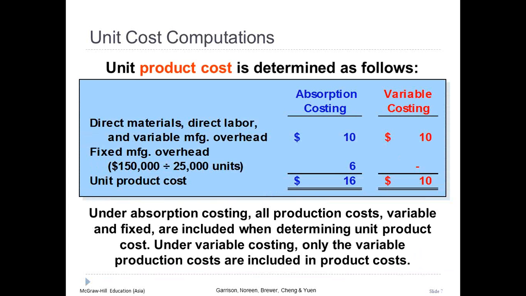So the unit product cost is determined as follows. Here we have absorption costing and variable costing, two columns on the right. The direct materials, direct labor, and variable manufacturing overhead is the same under both costing methods. $10 under absorption costing, $10 in variable costing. The fixed manufacturing overhead, we will take $150,000 divided by the annual production of 25,000 units.